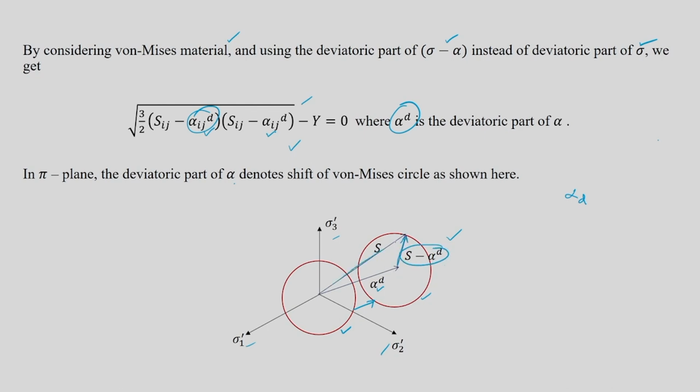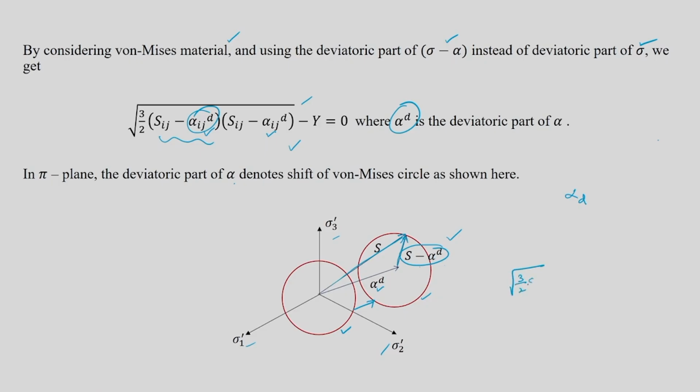If this is S, what is S? S is nothing but Sij, which is the deviatoric part of stress. Alpha d is the deviatoric part of the backstress, and S minus alpha d is what is put here to define your kinematic hardening von Mises material using the von Mises yield function. So it's very simple to tell.